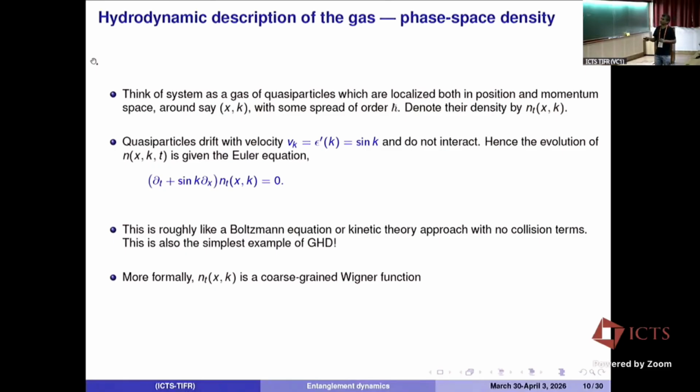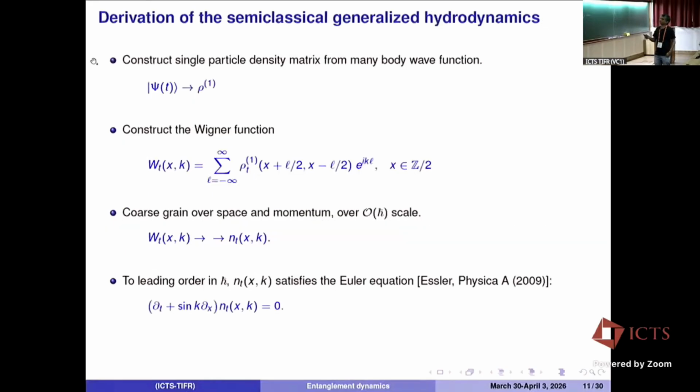More formally, you can actually derive this from a Wigner equation. Let's say you have this many-body wave function. From this, you can construct a single particle density matrix, which is basically the correlation function. And from this, there's a prescription to construct something called a Wigner function, which is a function of phase space.